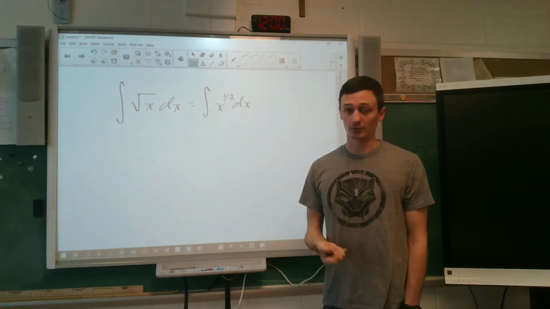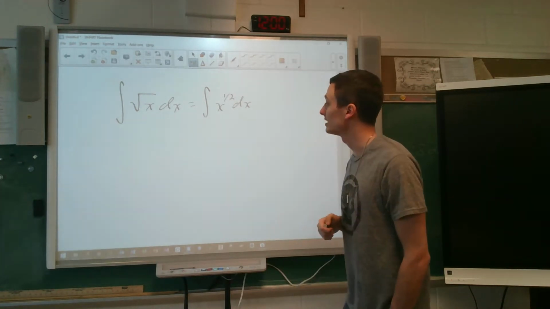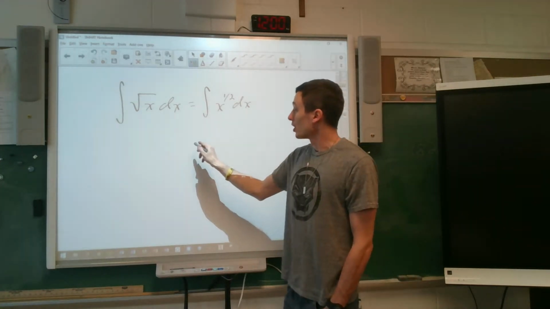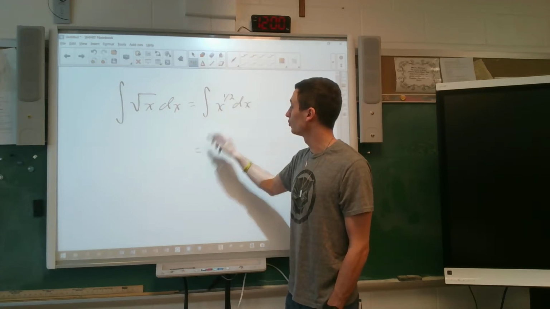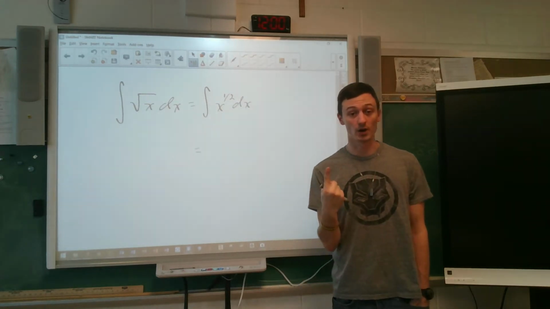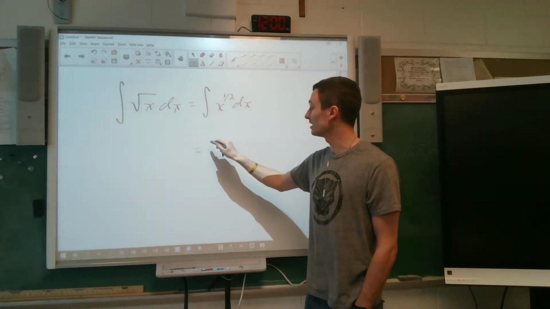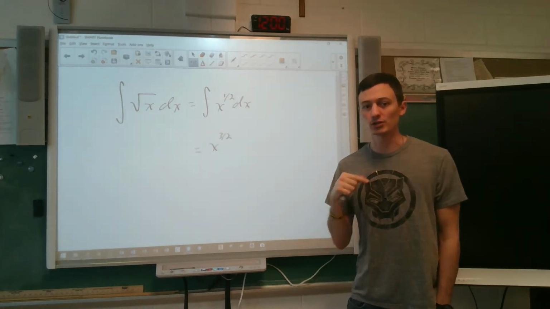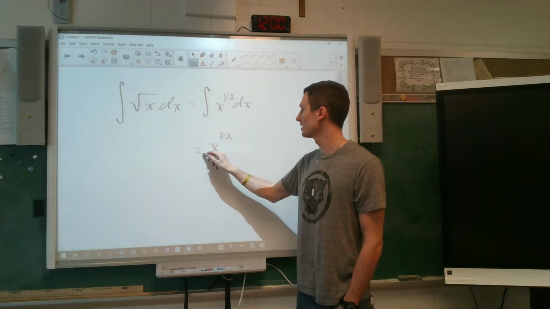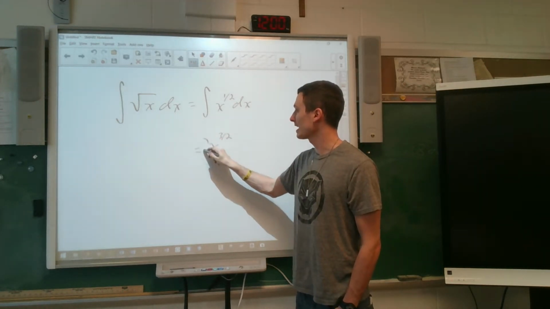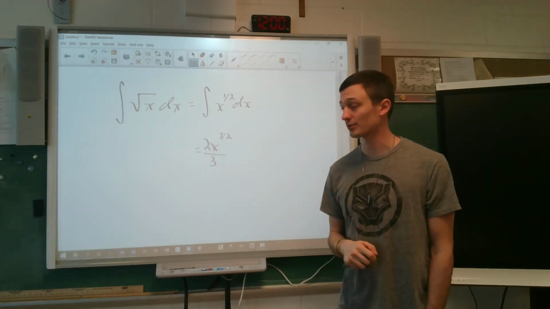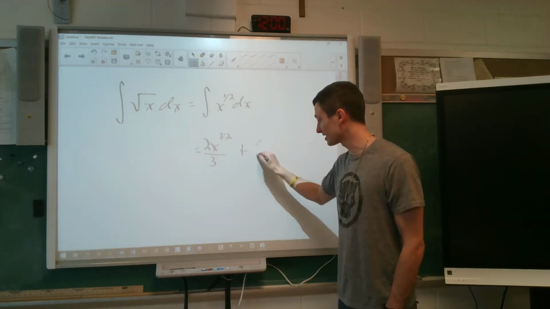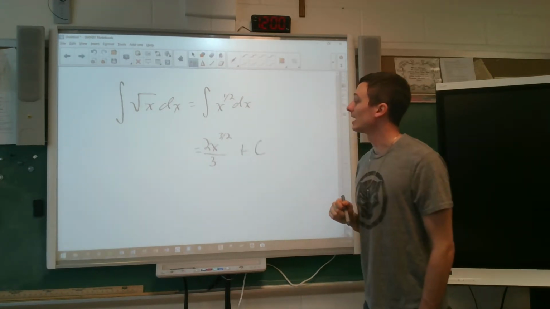The phrase that I remember for integration of exponents is rise and divide. I would rise the 1/2, increase it by 1, which would be x to the 3/2. Then I divide by this new exponent, 3/2. It's the same as multiplying by 2/3. Plus c. Never forget the plus c.